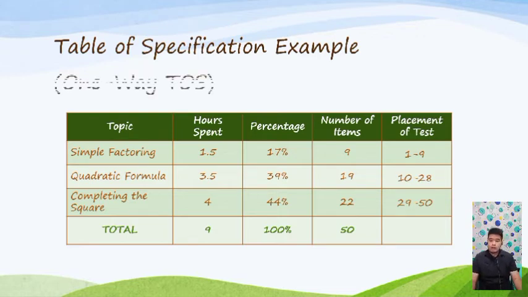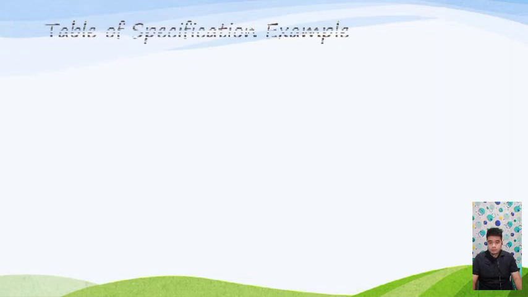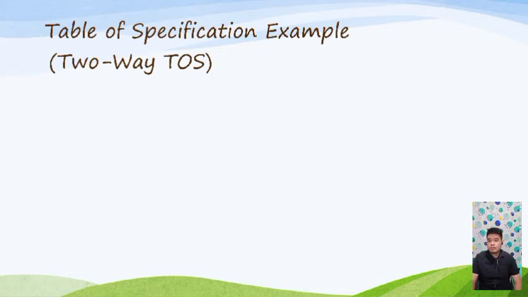So now we have this example, an example of the one-way TOS, or the simplest form of the TOS. Now let's move on to the next one. So now we're going to convert one-way TOS into two-way TOS.